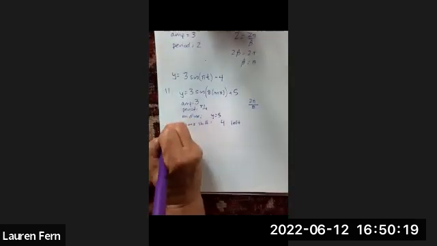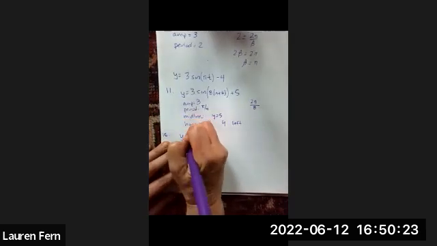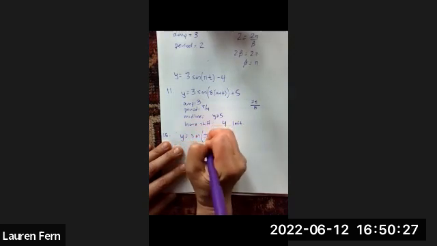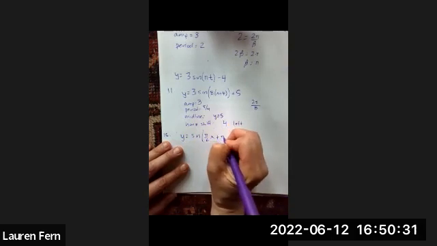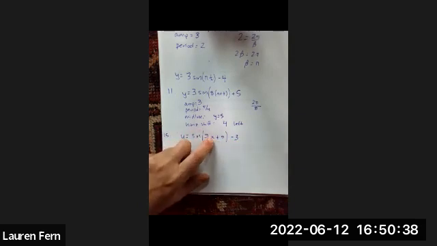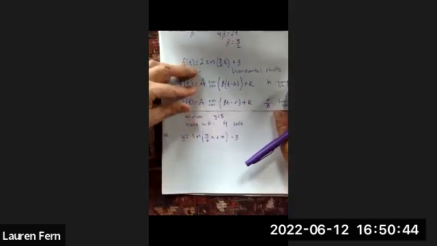All right, let's do this one. Similar, but now we're going to say y is equal to the sine of pi over 6x plus pi minus 3. The difference here is that I didn't factor out my value beta. So now we're in this situation right here.